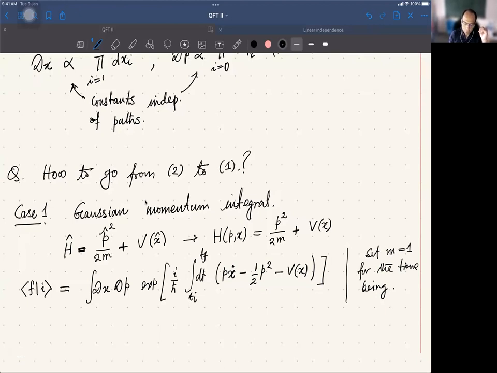Because of this form of the Hamiltonian, the momentum integral is basically e to the power of p square, a quadratic and a linear piece. So this is a Gaussian integral, and the trick to do this integral is to complete the square first, because this is a p square, this is a p.